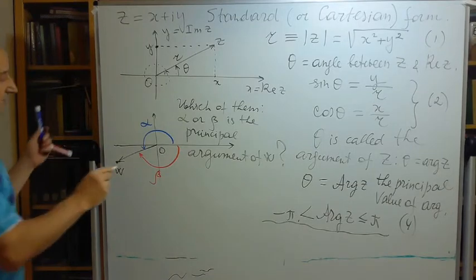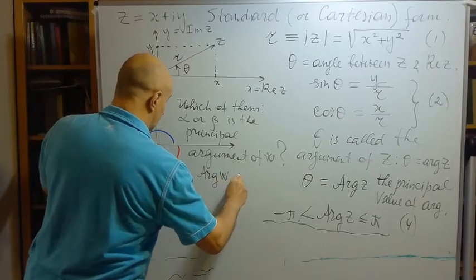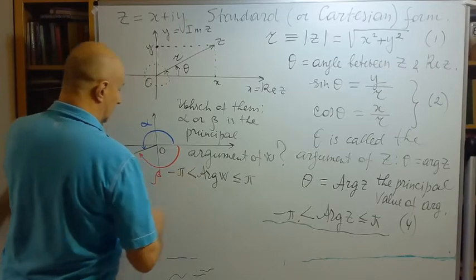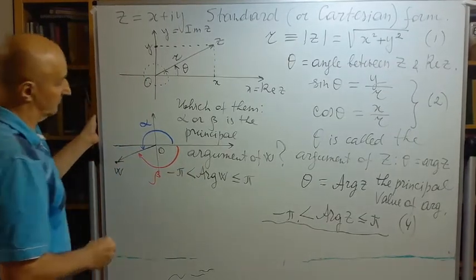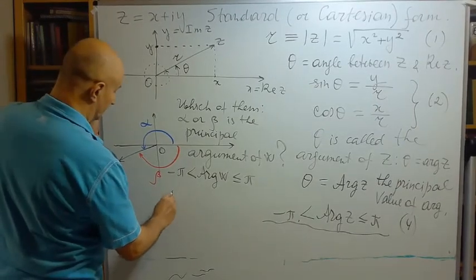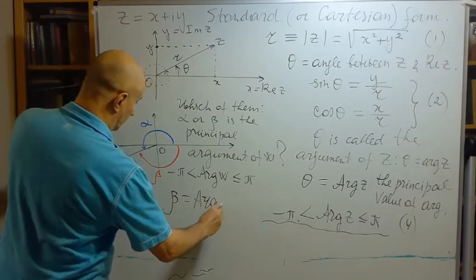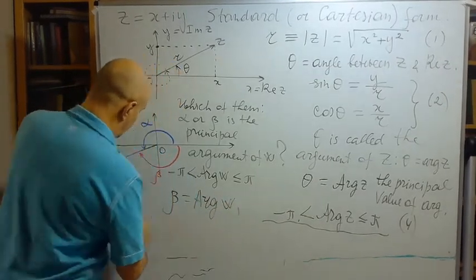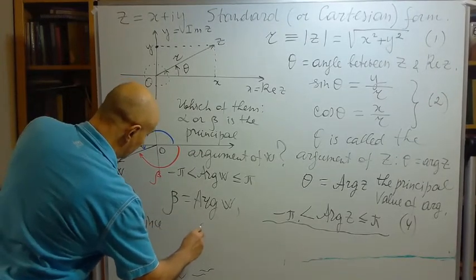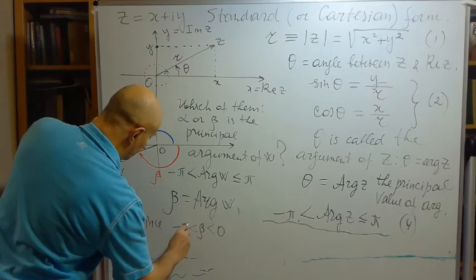And now we recall that argument of w must be between pi and negative pi. Which one fits? Of course, then it is beta. Beta is the principal argument of w, since beta is between 0 and negative pi, right?